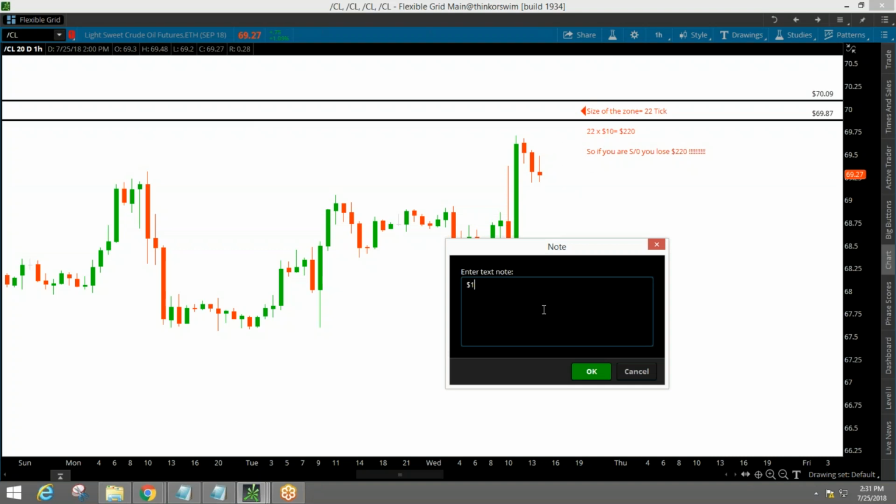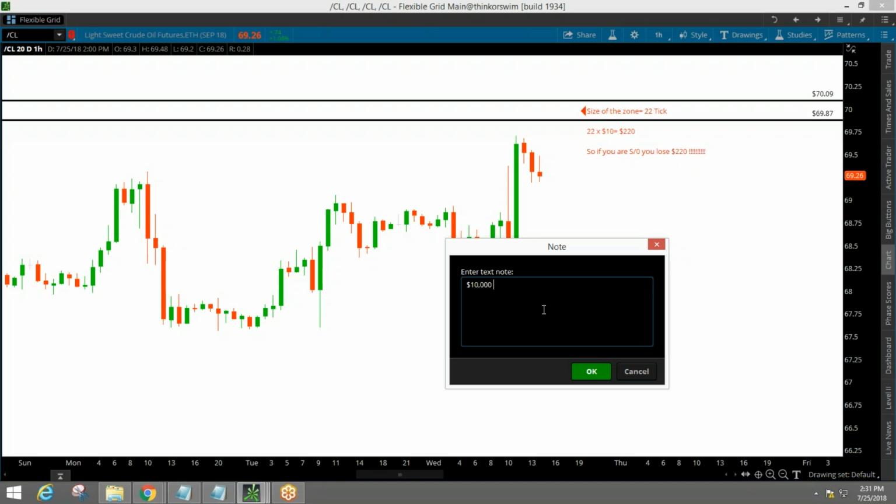I'm making up the numbers just because they're going to be easier math. Let's say you have an account, and disregard Top Step, you'll adapt to that too. Let's just use a real example that is doable, and then you'll apply Top Step to the larger amount of money. So let's say you have $10,000 in your account.